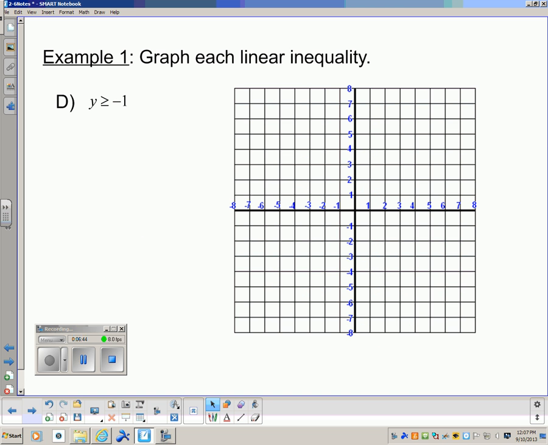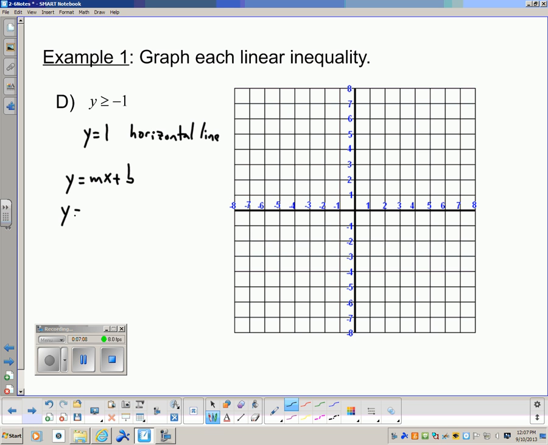And then we've got letter D here. Now letter D here, if you see this, you only have y is greater than or equal to -1. Remember, when you have a y equals, this is a horizontal line. If you have a hard time remembering that, remember we can put it in y equals mx plus b form.